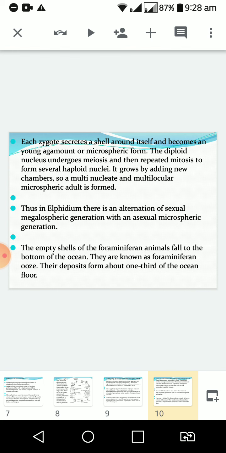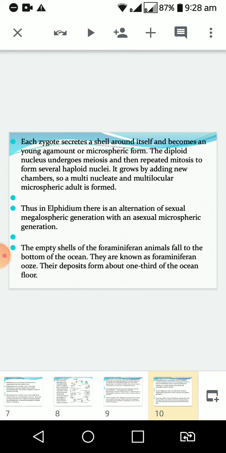So in Elphidium, sexual reproduction occurs in the megalosporic form first, and after that it becomes the microsporic form, and in the microsporic form asexual reproduction takes place and it becomes megalosporic forms. Here the alternation of generations occurs in the Elphidium life cycle.